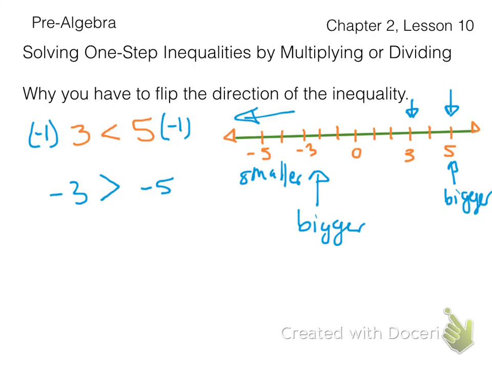Because I multiplied by a negative number, I need to flip the inequality, because negative 3 is now bigger than negative 5. And this holds true for variables and division.